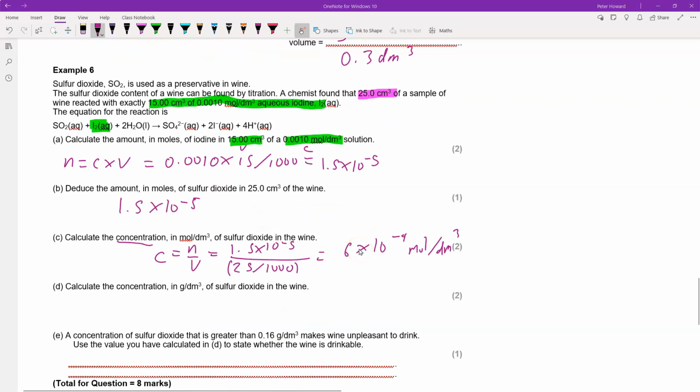Next bit says calculate the concentration in grams per decimeter cubed. Well, what does this actually mean? Again, this is just trying to check your understanding. It means in 1 dm cubed, there are 6 times 10 to the minus 4 moles of SO2. So we've got moles, and we need to now work out the mass.